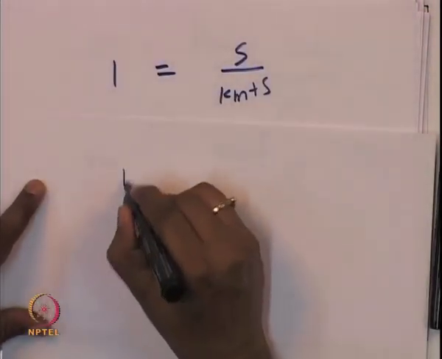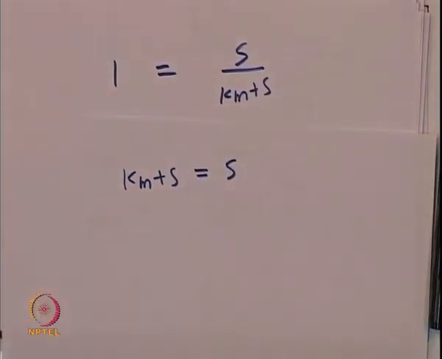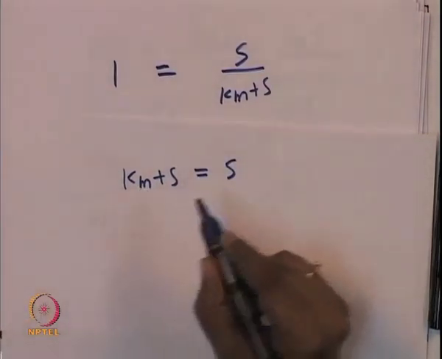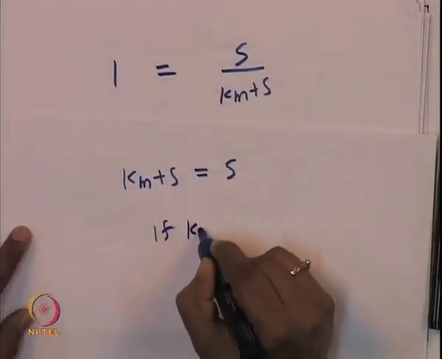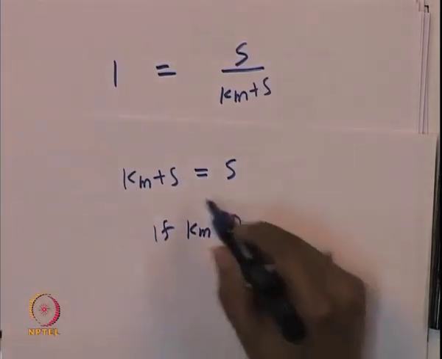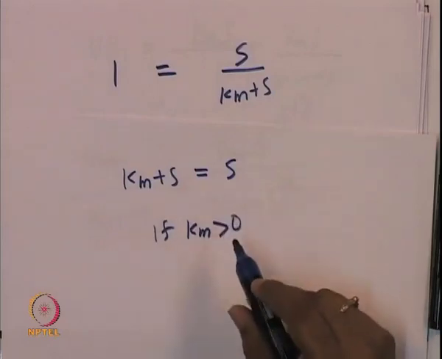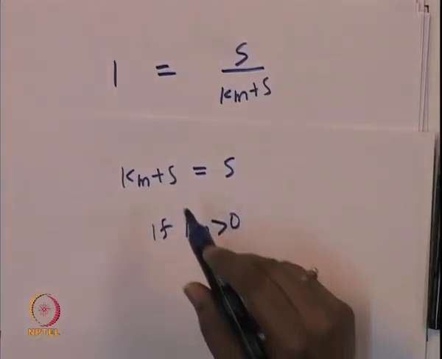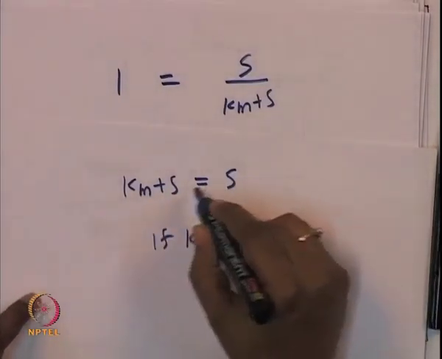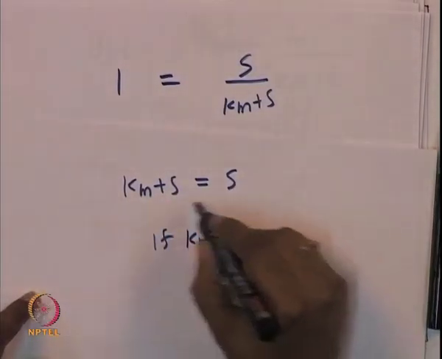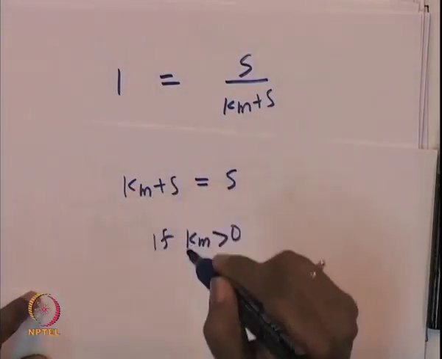This means that Km plus S equals S. If Km is greater than 0, this will not be true at all. If Km is 0, which is not given, this can never be true. So, therefore, no such minima exists. So, this dV by dS cannot be 0, because this cannot be true. We know that Km is greater than 0, and if dV by dS is 0, this has to be true, and we know that this cannot be true.